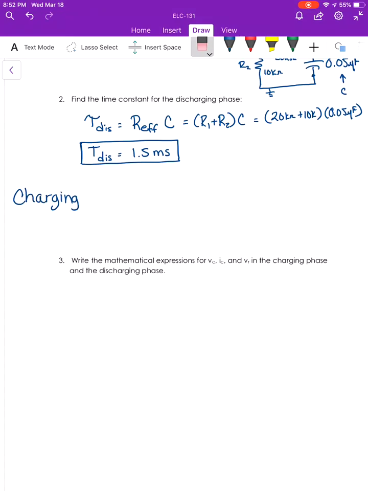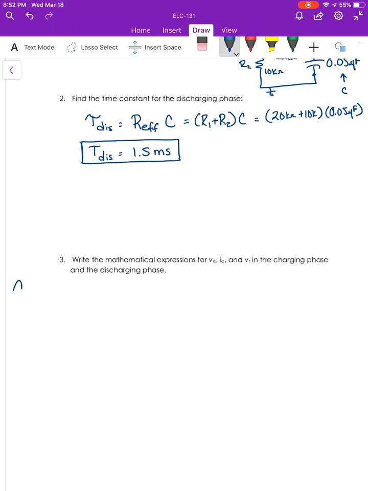I'm going to stay back down here. So, for the charging equations, you can go back and look at previous videos to figure this out, but remember the shape. V sub C, in the charging phase, is always going to start at 0 and go to a maximum value.